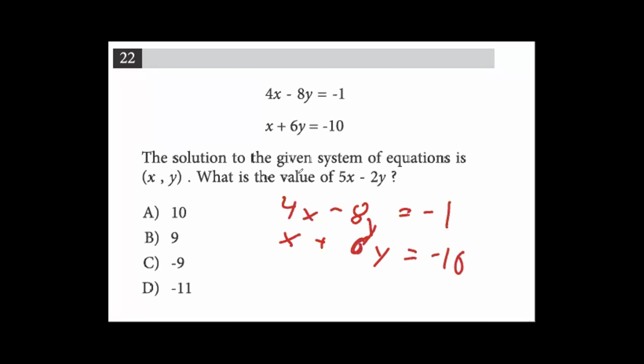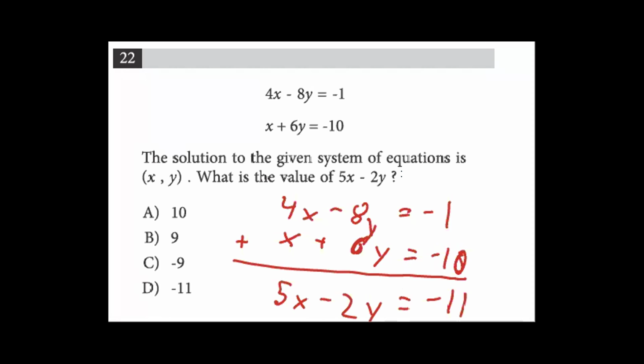Well, in this case, if we just add the bottom equation to the top equation, we get 4x plus x is 5x. Negative 8y plus 6y is negative 2y. And then we have negative 1 plus negative 10, so negative 1 minus 10, which would just be negative 11.